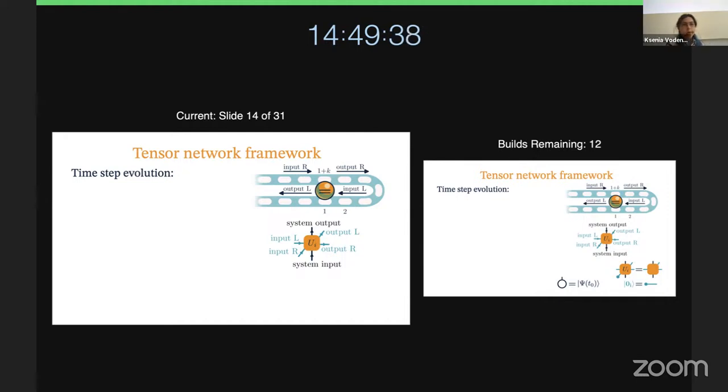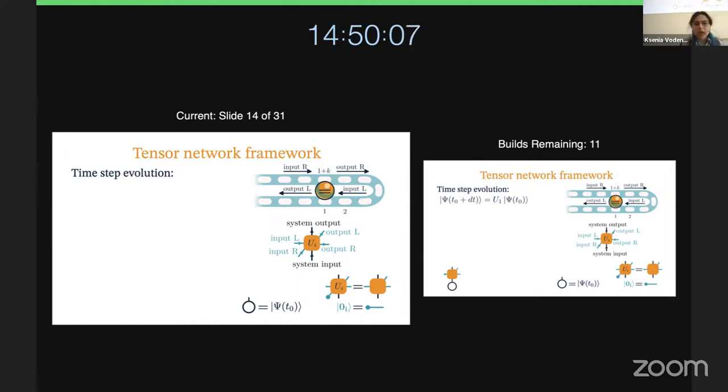And now we want to build a tensor network using these little blocks of evolution. We say, okay, we have our atom initially in some state psi. We also assume that the right moving input is always the vacuum input, and I'm not going to put it on the scheme, just to make it simpler.